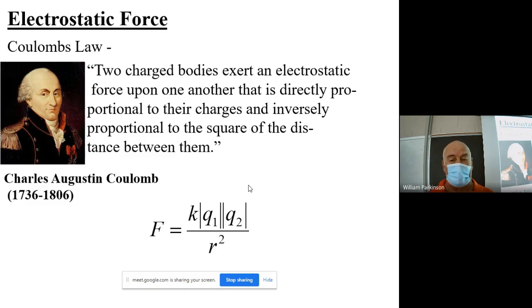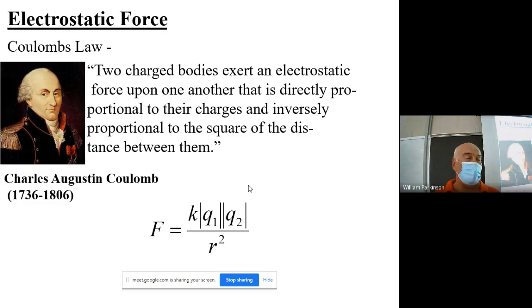Now, a couple things to say about the Q's. Q is what physicists like to use to represent charge. And there's a magnitude of charge, or an amount of charge, which you can deposit on a conductor of electricity. So the more charge you deposit, the bigger this Q number. The less charge you put on there, the smaller.